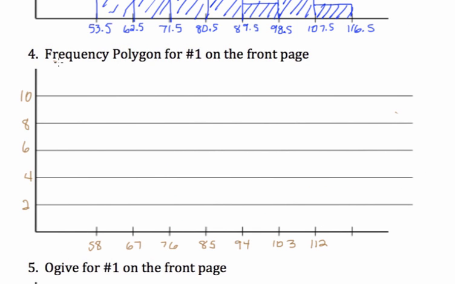Number 4. Next up, frequency polygon. Frequency polygons have midpoints on the x-axis and frequencies on the y-axis. You make a dot above the midpoint at each frequency. So 58 has a frequency of 7, the midpoint 67 has a frequency of 6, and so on.